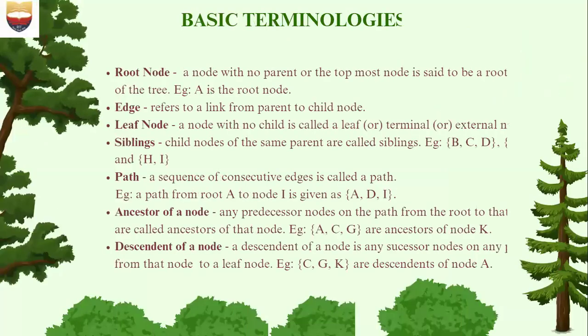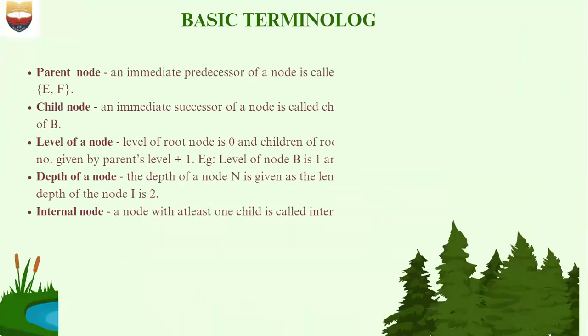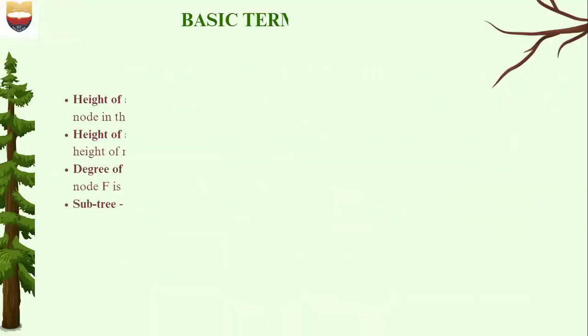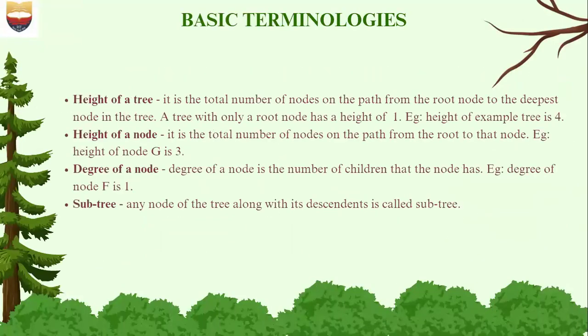Next term is height of a tree. Height of a tree as well as height of a node are the most important terms used in the tree ADT. Let us see the first one. How do we calculate the height of a tree?